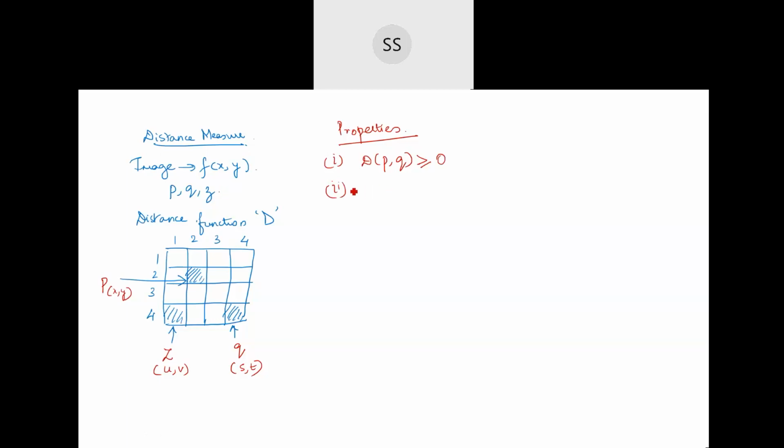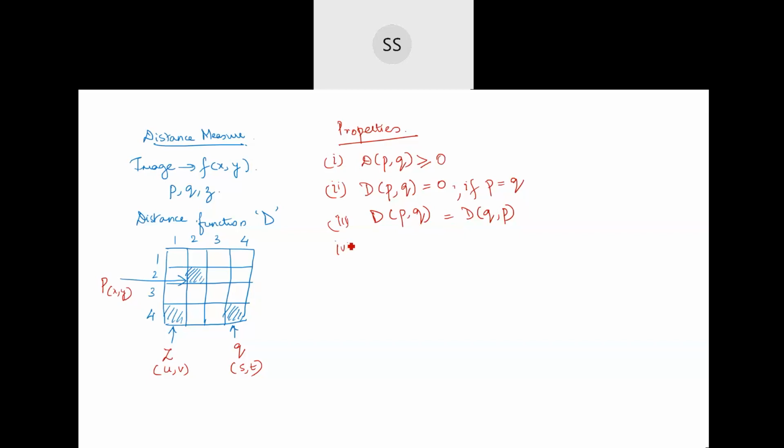Now we're going to take the next one. That is what I wanted to say, the same thing: the distance between P and Q will be equal to 0 if P is equal to Q. The third point says that the distance between P and Q is the same as if you write Q first and P later. In any way you do, because we are using the absolute value, your distance is going to be the same.